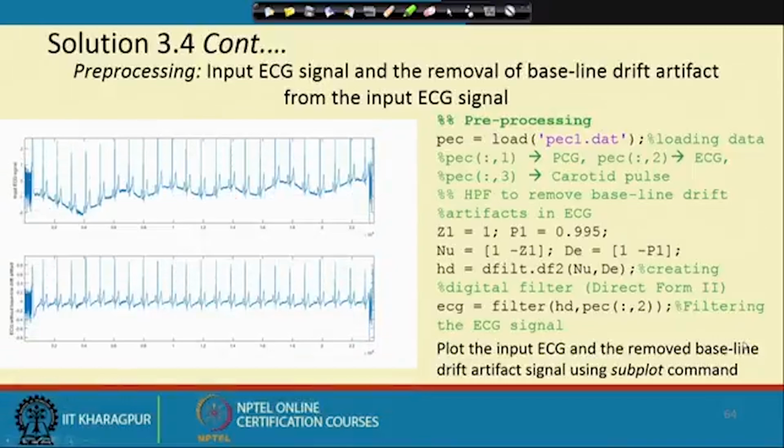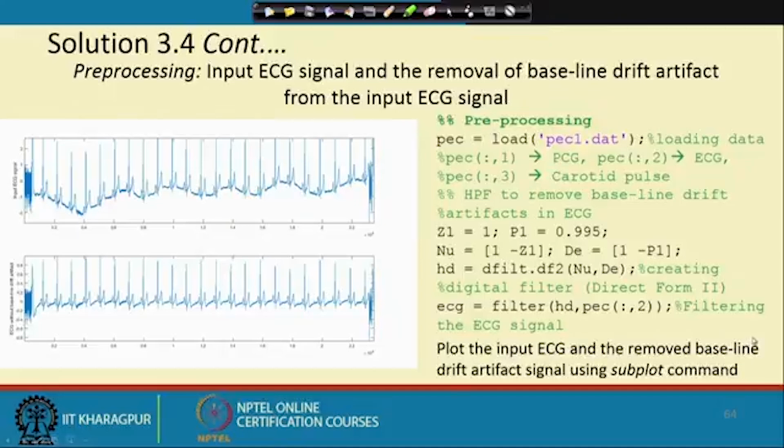Here on the left, we see the ECG signal is suffering from baseline drift, and that is removed by a filter with a zero at the DC frequency, along with a pole to make sure the other low frequency components are not affected that much. So, we are able to remove the baseline wandering.